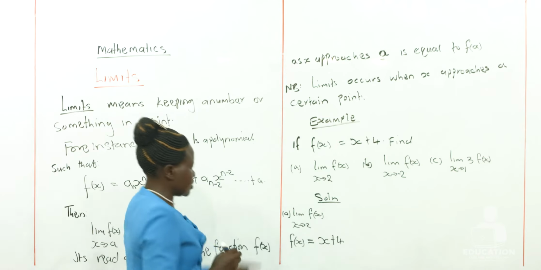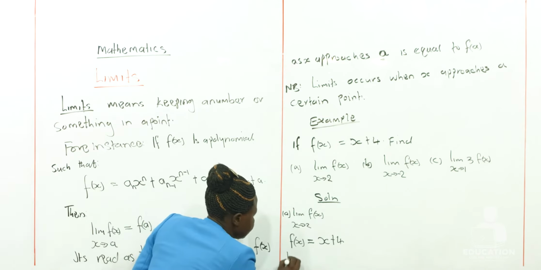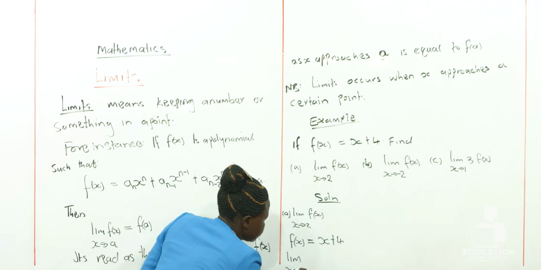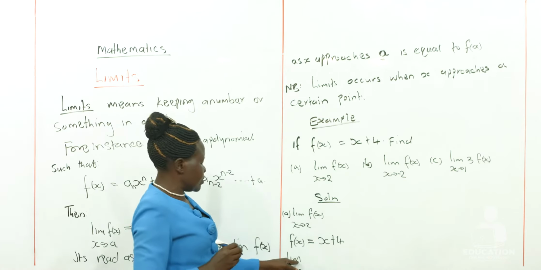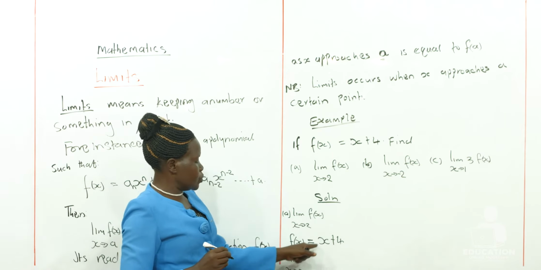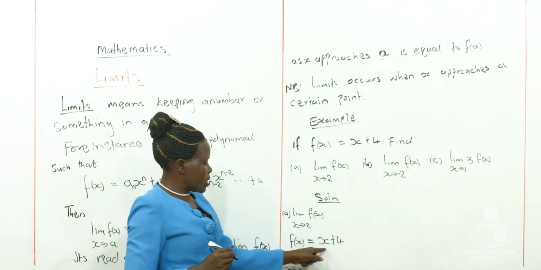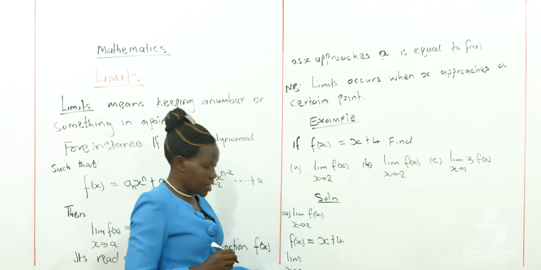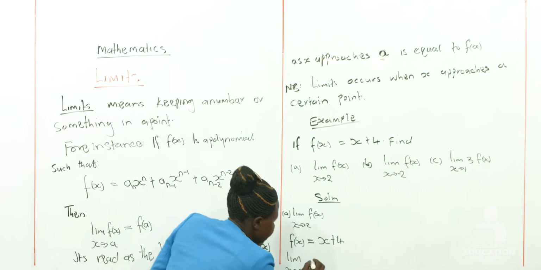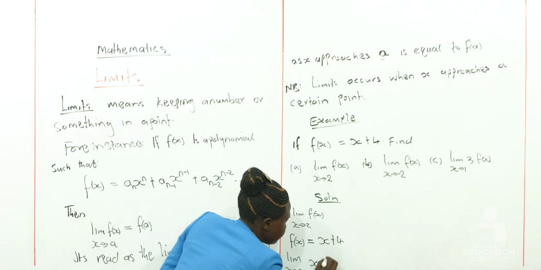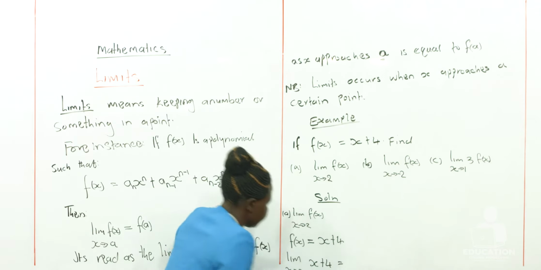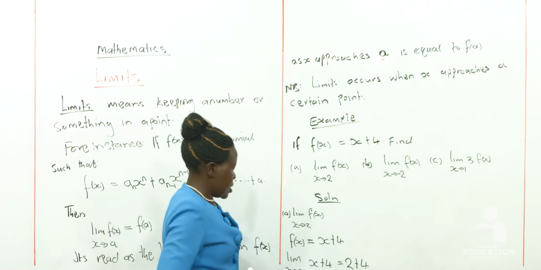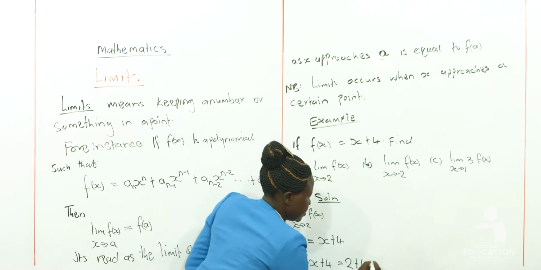Now when it becomes a limit problem, you say lim x is approaching 2. Meaning that instead of repeating this, we are now going to substitute x with what? With the 2, where x is approaching. Then you will have x plus 4 is the same as 2 plus 4, and then your answer will be 6.